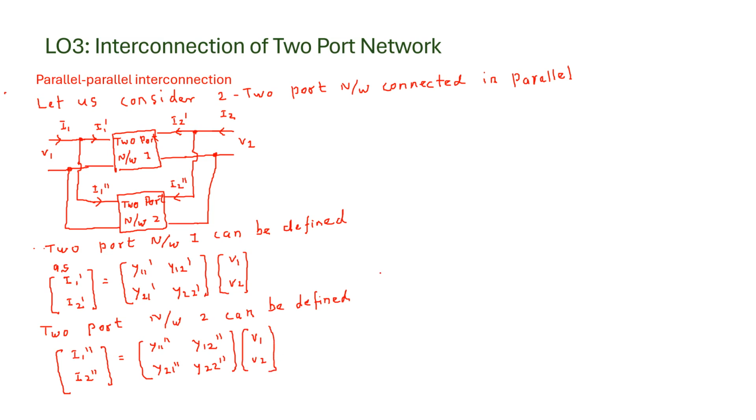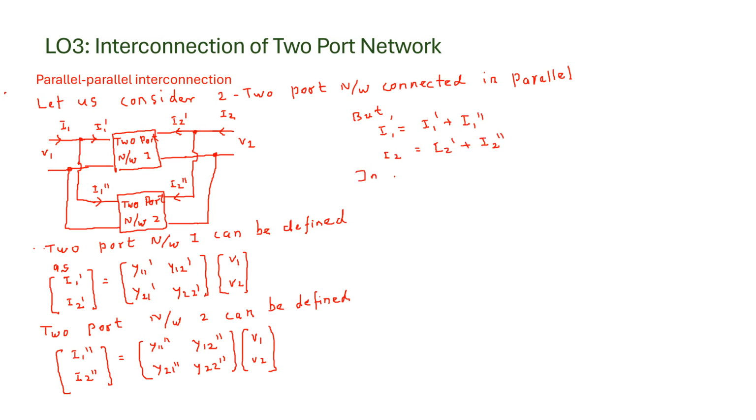Okay, but what is the constraint in this connection? The constraint equation is that I1 is equal to I1 dash plus I1 double dash. Similarly, I2 is equal to I2 dash plus I2 double dash.